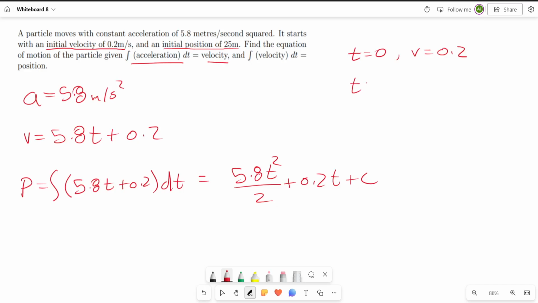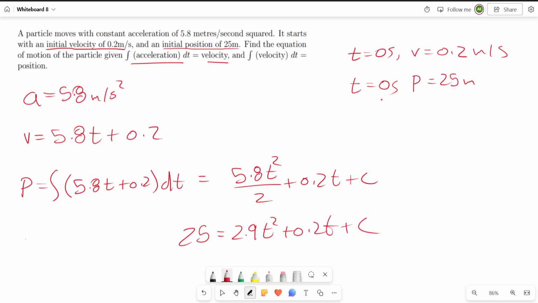So again, at time equals 0, my position is 25 meters. So my position 25 is equal to, okay, 5.8 divided by 2 is 2.9t squared, plus 0.2t plus c.